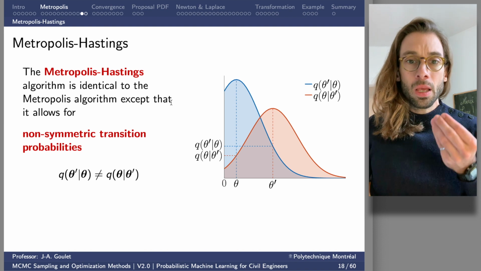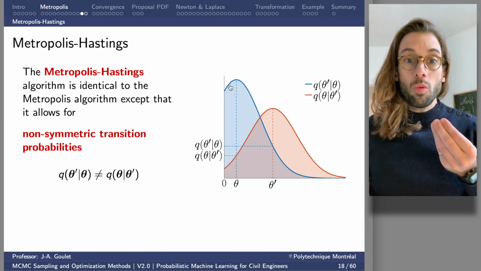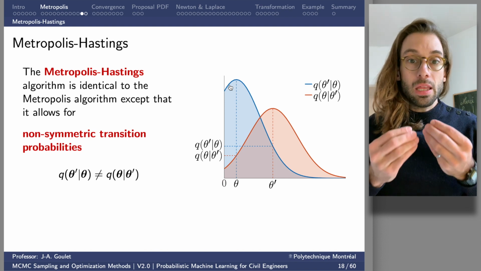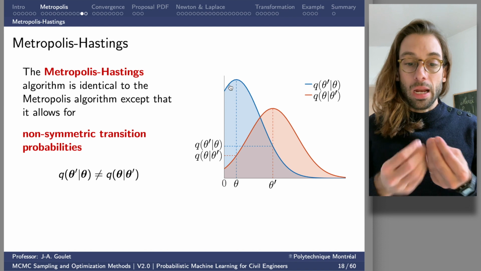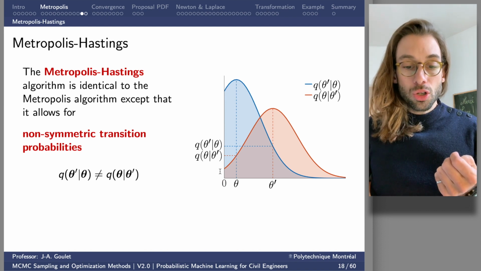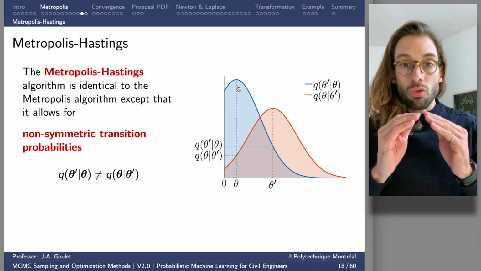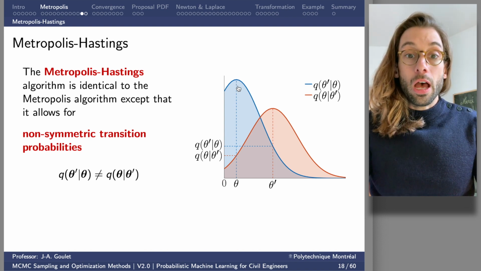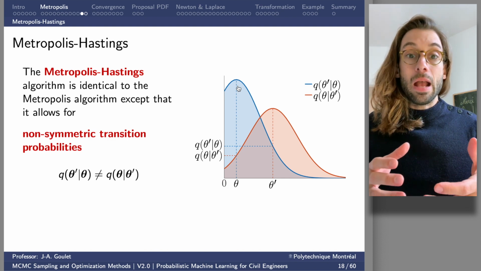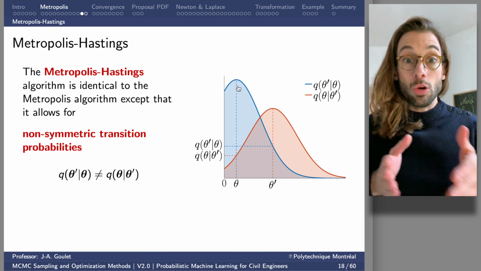But keep in mind, the PDFs we use always have to be valid PDFs, meaning they integrate to 1 over the entire domain. Since a larger chunk of the tail was truncated here, I need to raise the probability for all the other outcomes in order to ensure that my integral over the whole domain remains 1.